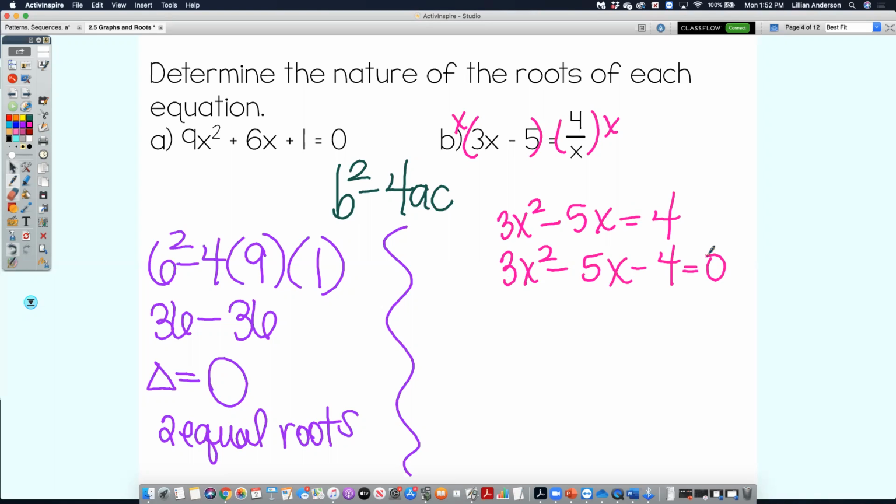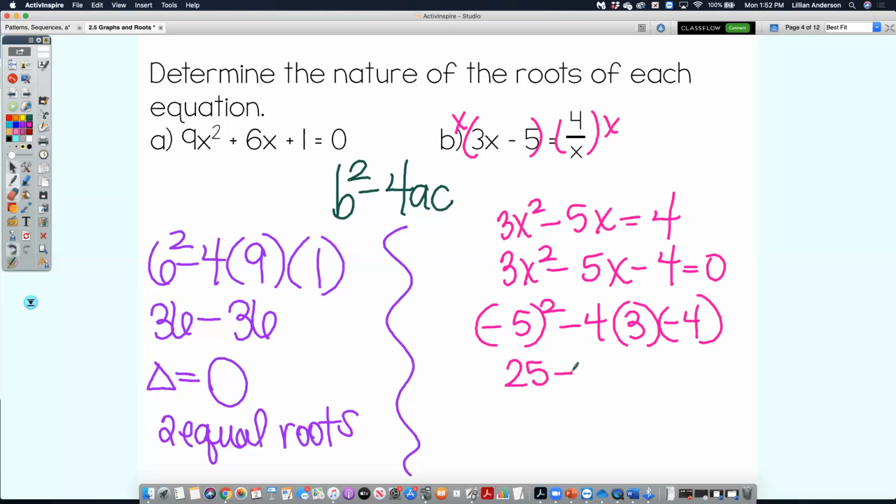So now my quadratic is in standard form. What's b? -5. I'm going to square that. Minus 4. What's a? 3. And what's c? -4. -5 squared is 25.